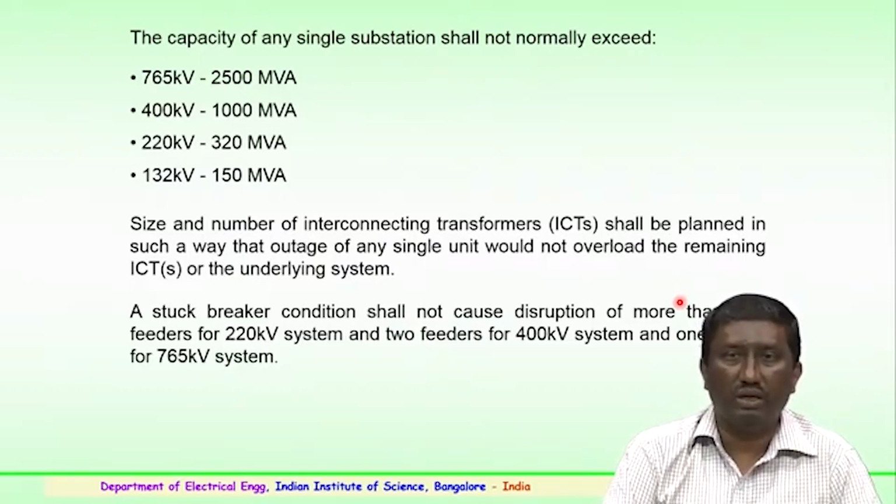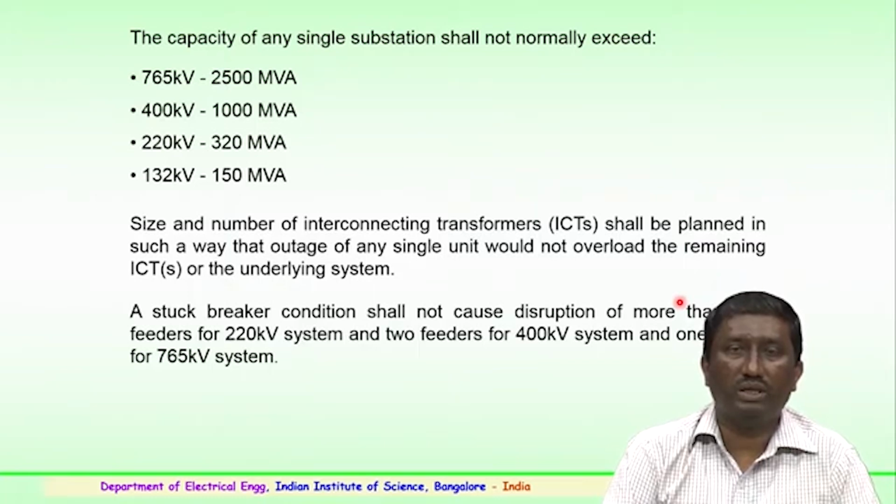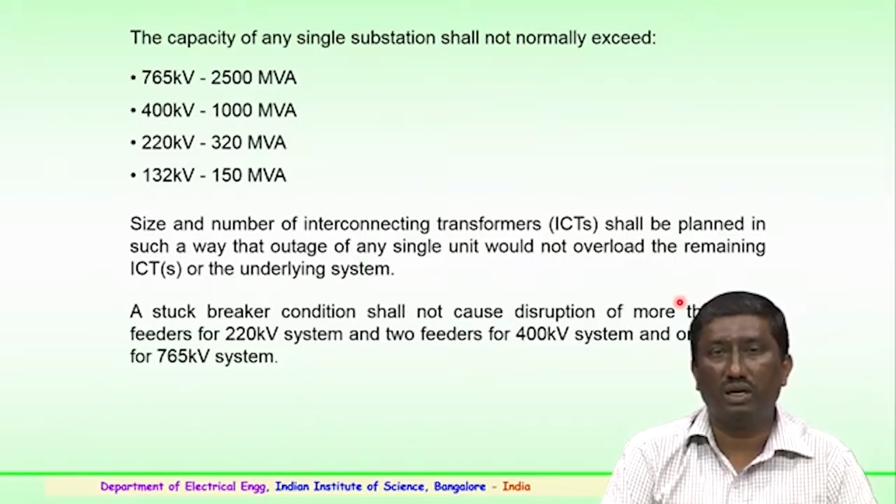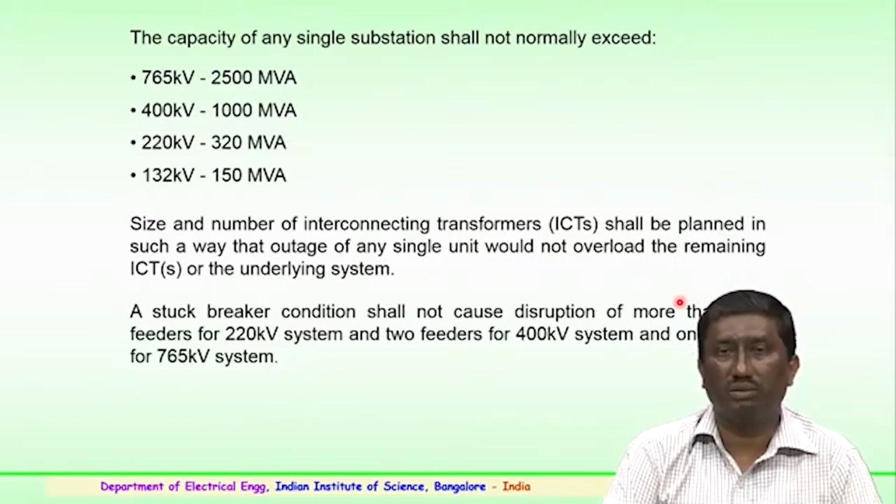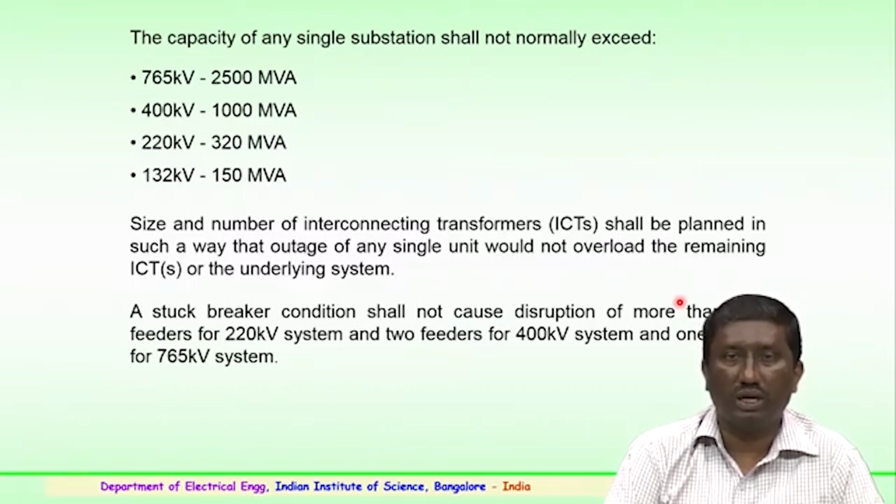This should be planned in such a way that, in case an outage happens on any single unit, the remaining transformers are in service and are not overloaded, nor is the underlying system. That is a point to be considered. And in case any of the breakers malfunctions or a stuck breaker condition occurs, this shall not cause disruption for more than 4 feeders, particularly with respect to a 220 kilovolt system.